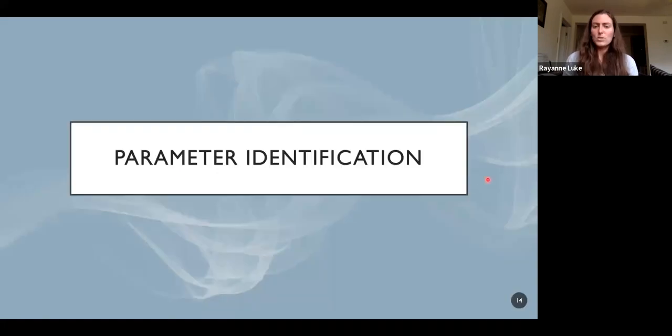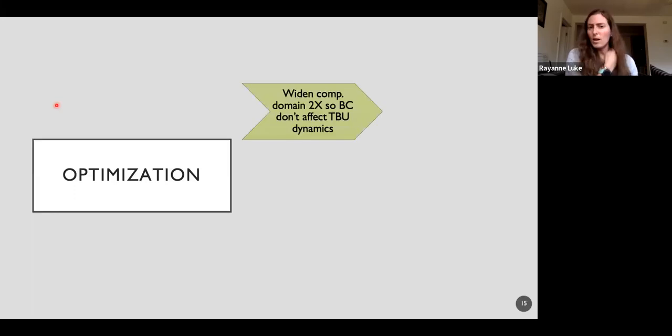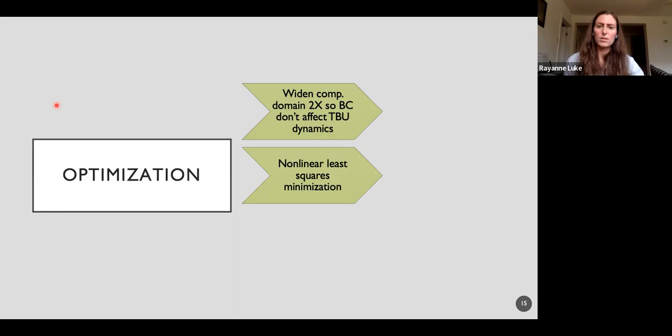All right, so now I will get into how we compare our models to the data. So a couple notes first about how we do our optimization. So that the boundary conditions don't affect what's going on with the tear film dynamics, we're going to widen our computational domain. And for all of these optimizations, we are conducting a nonlinear least squares minimization.